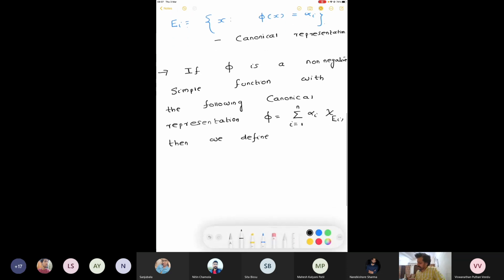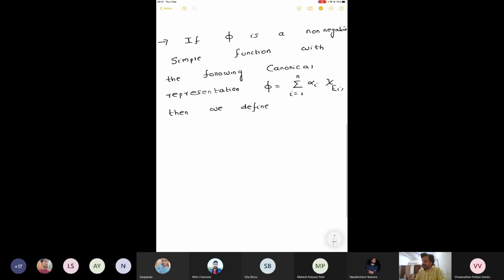Integral of phi dm over R is equal to summation i equal to 1 to n alpha i times the measure of Ei. This is just copying what we did for the Riemann integral of a piecewise constant function or step function.